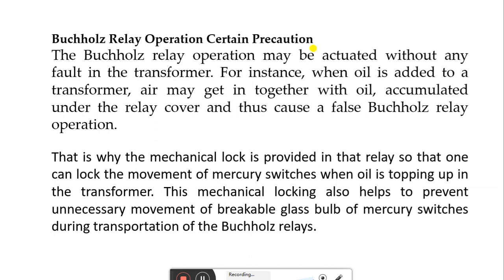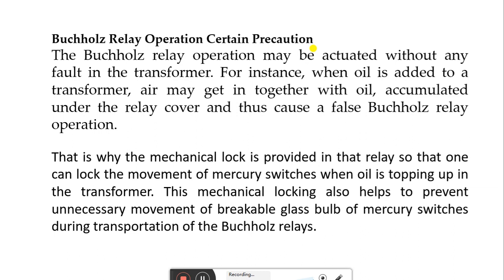For instance, when oil is added to a transformer, air may get in together with the oil, accumulate under the relay cover and thus cause a false Buchholz relay operation.